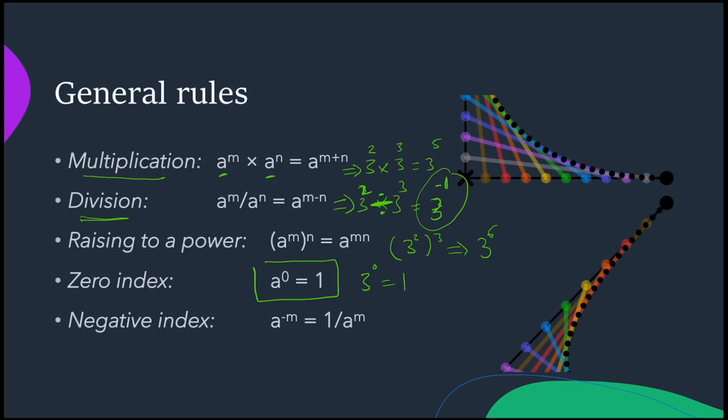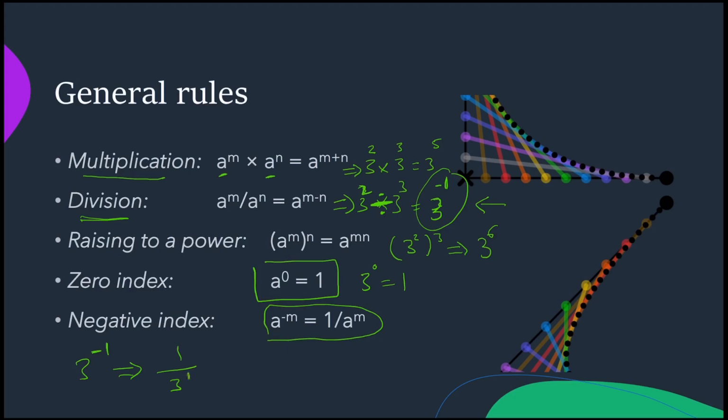Now let's look at the negative index. That's the one we've seen here. Any number like the one we've seen here, 3 to the power of minus 1, you could express as 1 over 3. So it is the reciprocal value.